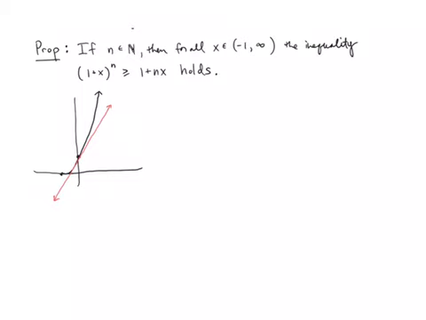So this polynomial function lies above its tangent line when x is between -1 and infinity. And that's all I have to say about that.